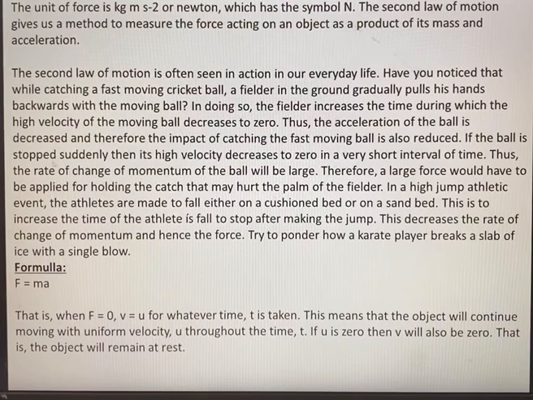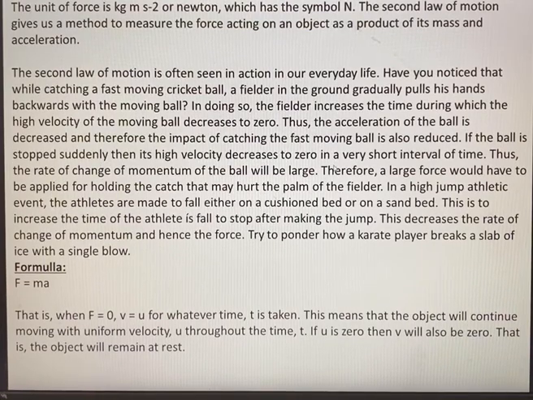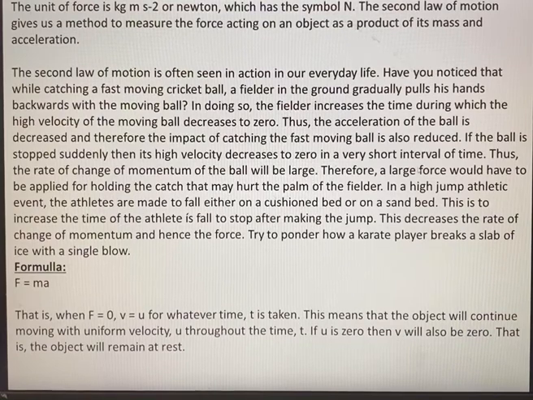If the ball is stopped suddenly, then its high velocity decreases to zero in a very short interval of time. Thus, the rate of change of momentum of the ball will be large. Therefore, a large force would have to be applied on holding the catch that may hurt the palm of the fielder.